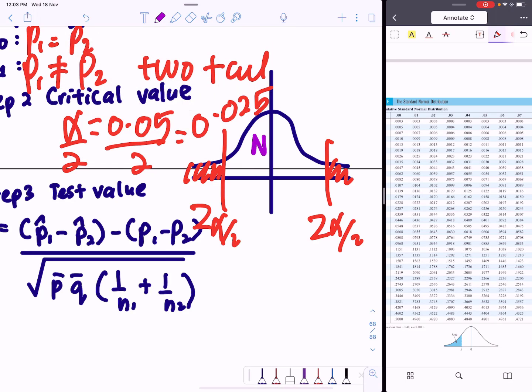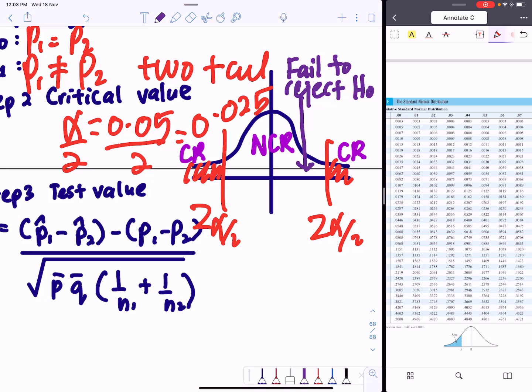This one is the non-critical region. This one is the critical region. If the value falls on the non-critical region, we fail to reject H null. If it falls on this, then there is enough evidence to reject the null hypothesis.